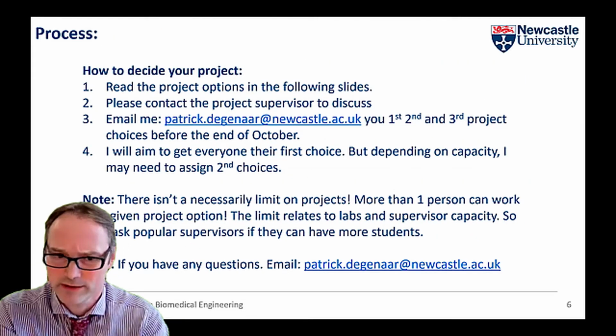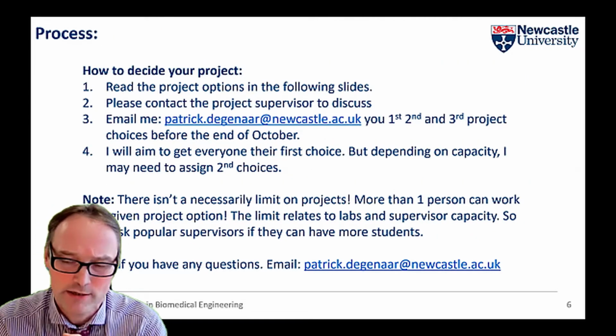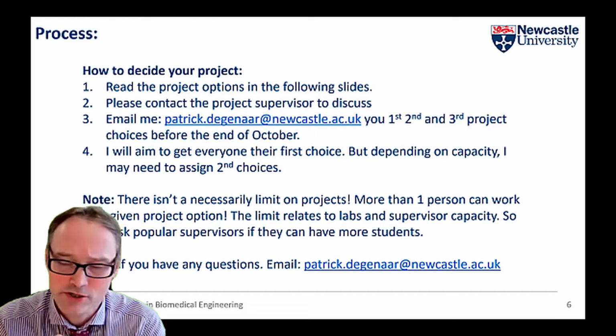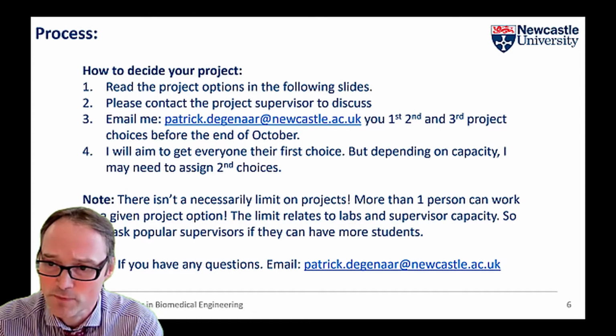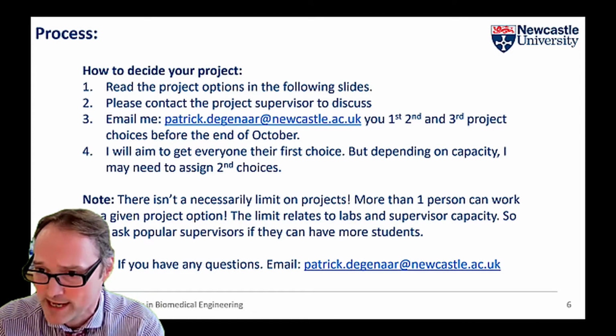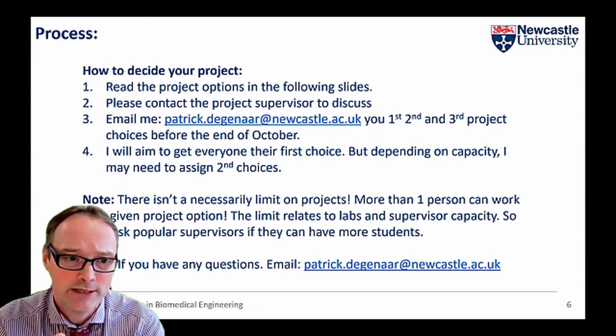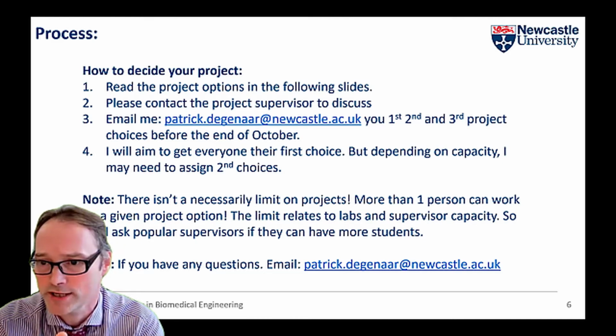I'm not going to delve into these aspects too much, but the process. First, we go through the project options and talk to potential supervisors. I've already sent around the slides, and for each of the potential project supervisors there's an email address.